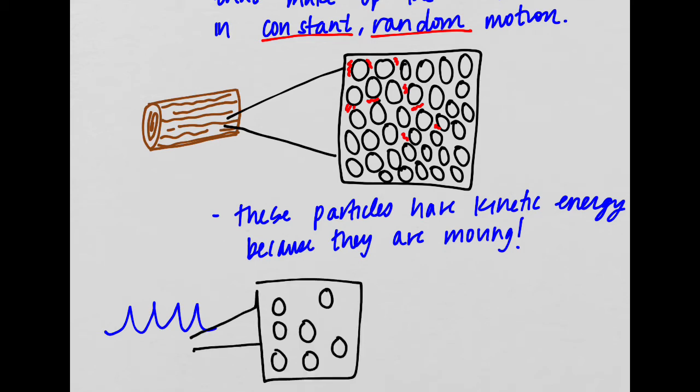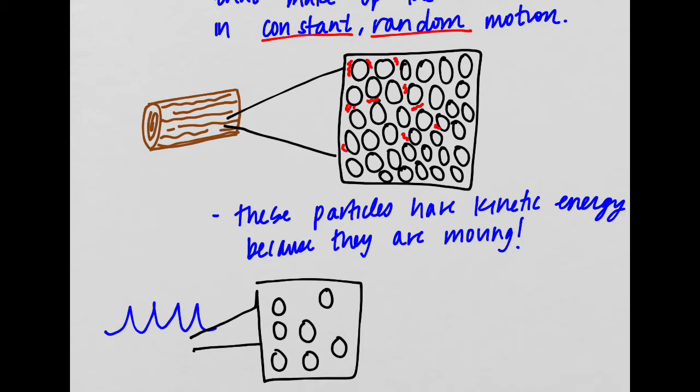In water, you don't know this yet, but I'm telling you now, think about the way that we can actually see water moving, right? We see water as fluid. It can move around. We could imagine that the particles that make up water have more kinetic energy than the particles that make up a solid piece of wood, right?